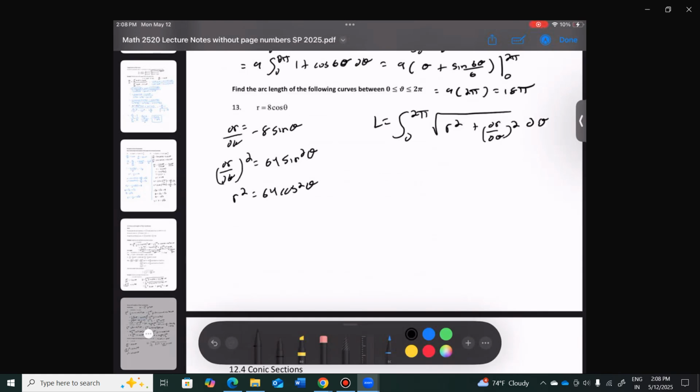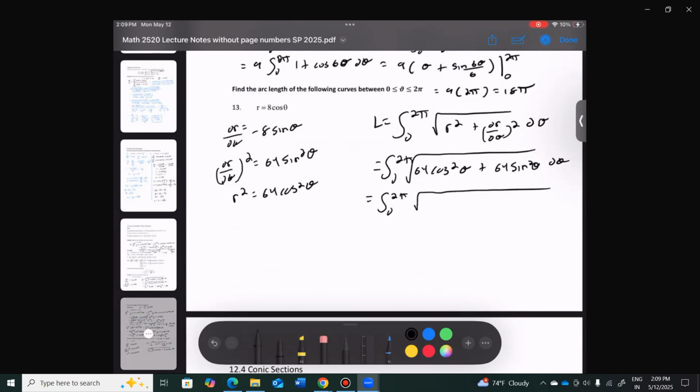So L is equal to the integral from 0 to 2 pi of the square root of 64 cosine squared plus 64 sine squared d theta. 64 can come out, or I can factor it out. Cosine squared theta plus sine squared theta d theta.